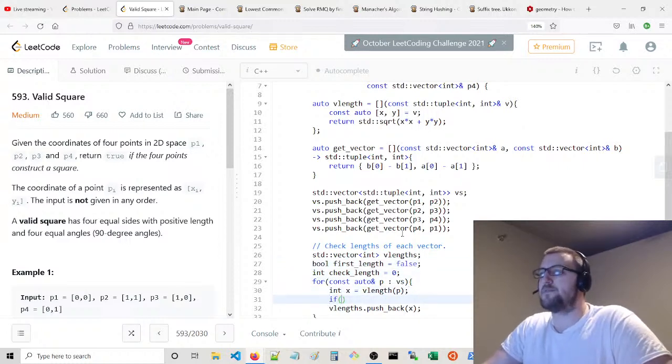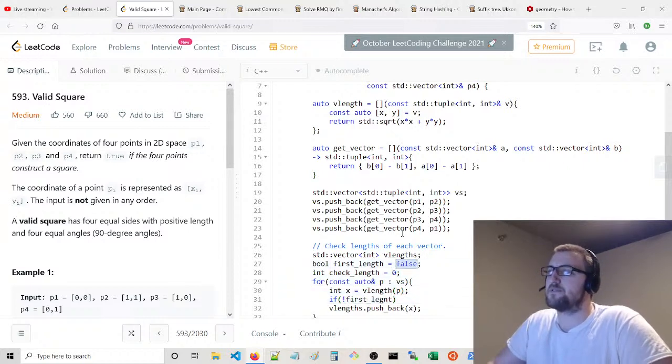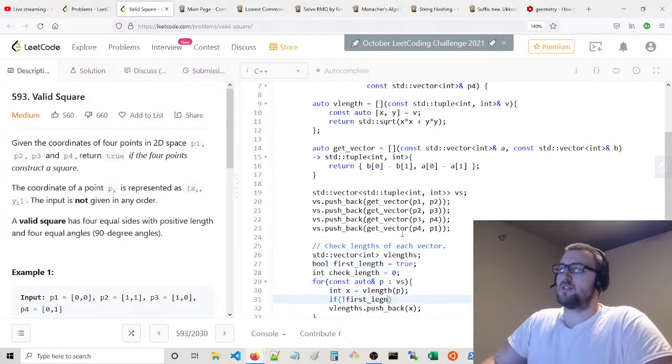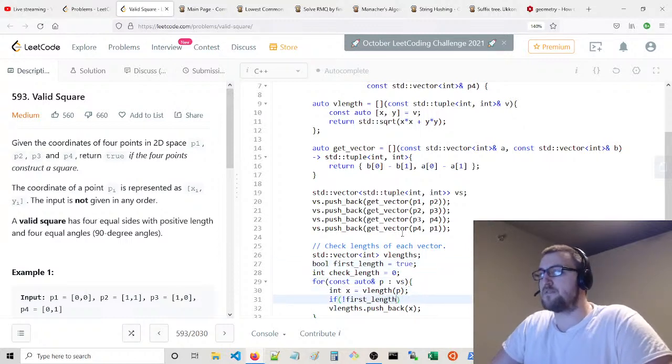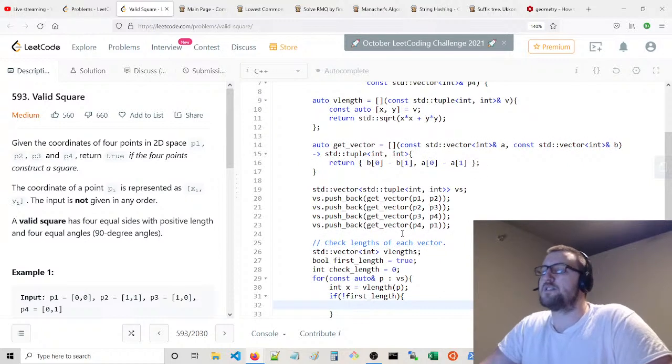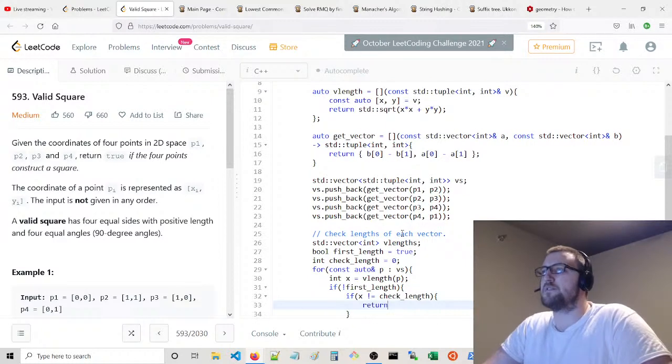And we'll say if not first length, or actually first length equals true. So if it's not the first length, then we want to say x is not equal to check length, and return false.